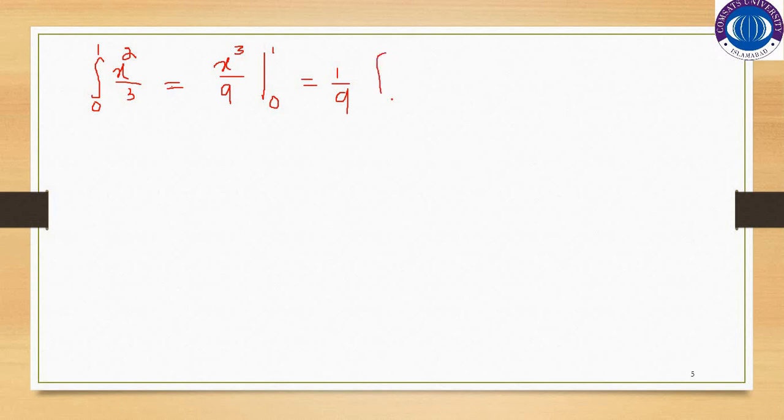We will substitute the upper limit first, minus lower limit. So the answer is 1 by 9.